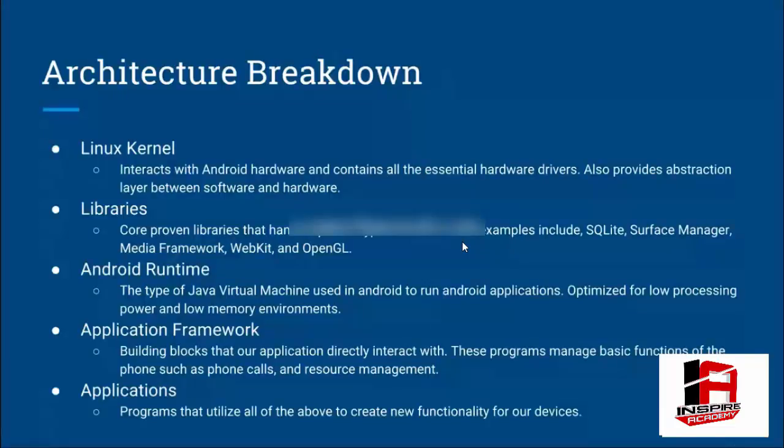So our libraries are core proven libraries that handle specific types of data. Some examples include SQLite, Surface Manager, Media Framework, WebKit, and OpenGL. These are libraries that have been tested and proven, and Android has bundled them with its operating system for us to interact with, right?